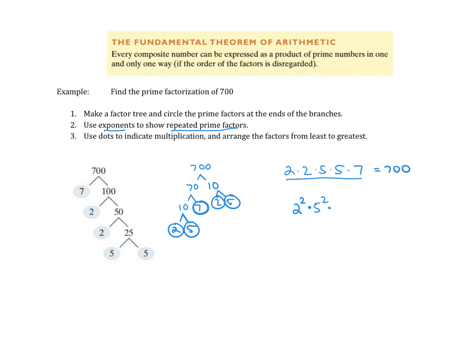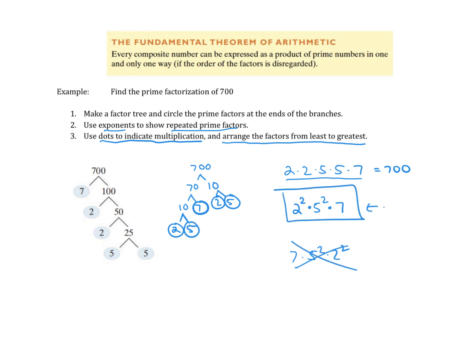And then 1 7, so I just do times 7. And I use dots to indicate multiplication, and I arrange the factors from least to greatest. So I would not put 7 times 5 squared times 2 squared. While that is equivalent, I want them to be in order, so I'm listing them like this. And that is the prime factorization of 700.